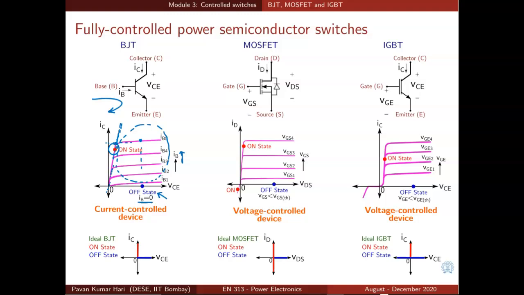BJT is a current controlled device because you need to maintain a certain base current for a particular collector current to flow. Whereas MOSFET is a voltage controlled device, and even IGBT is also a voltage controlled device. So we need to impress a certain voltage across gate and source, or gate and emitter, for the device to stay conducting.